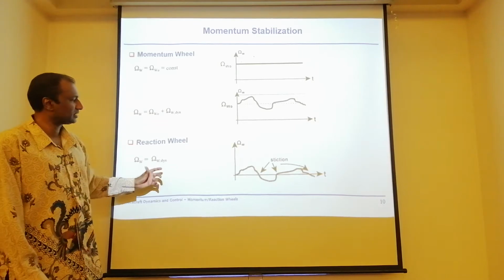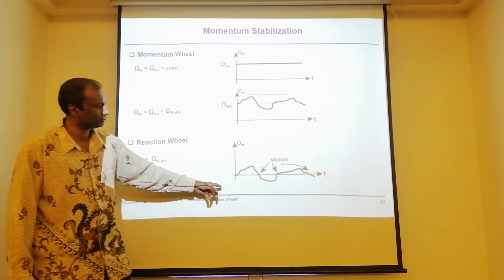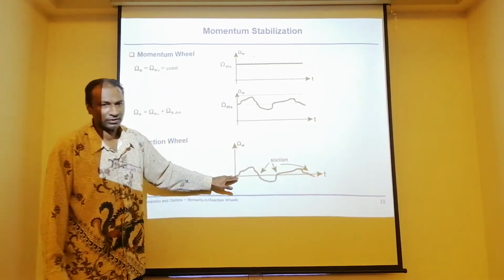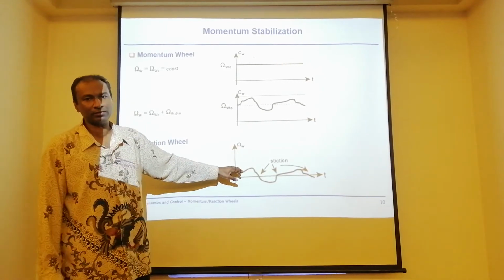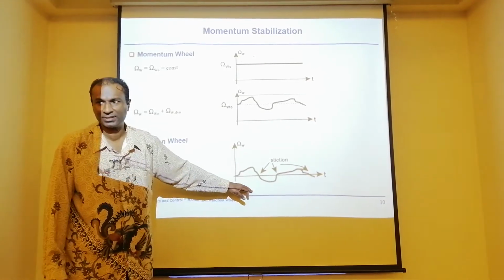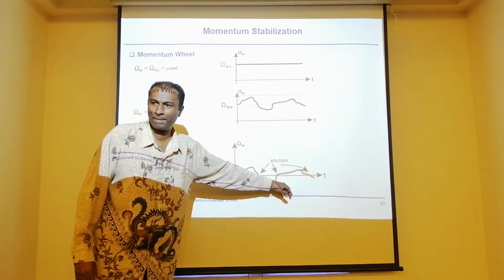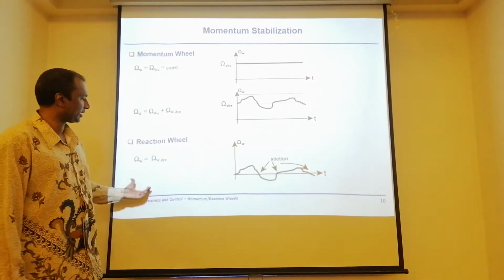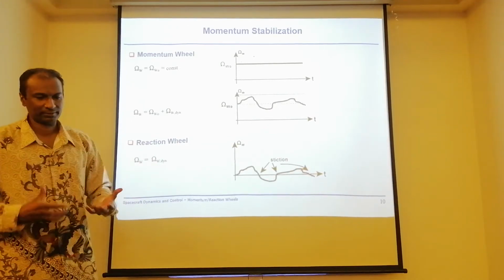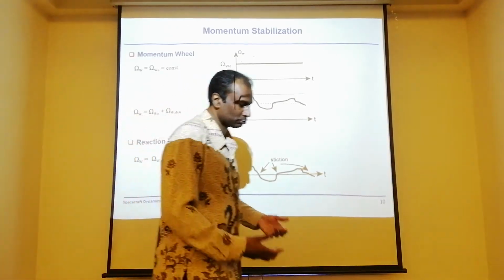So what it does, if you need torque, that means this is a zero velocity, you need torque, then you speed up the wheel. You brake the wheel, you have a torque on the other side. Positive torque, negative torque, positive torque, negative torque, and so on. This is your reaction wheel. It's dynamic. It's always moving to produce torque.